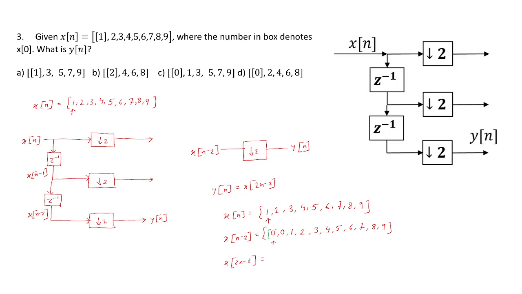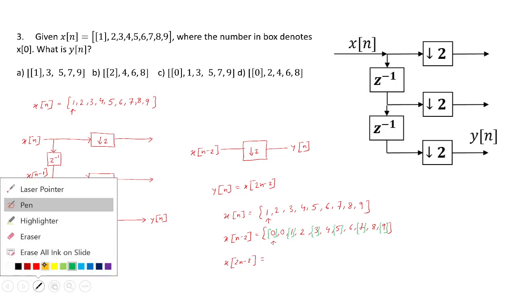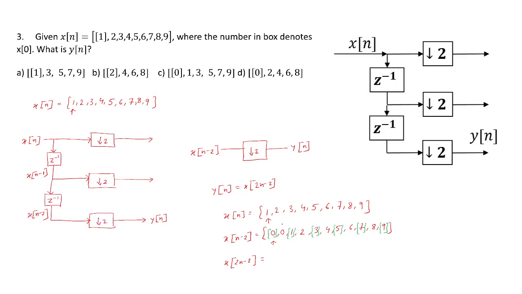This is the 0th sample, this is 2nd, this is 4th, this is 6th, this is 8th, this is 9th, and we are going to discard these odd indexed samples.